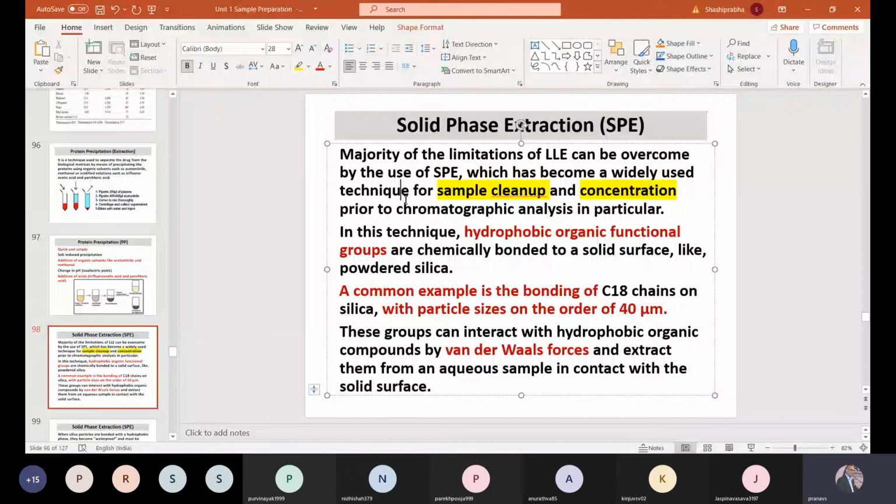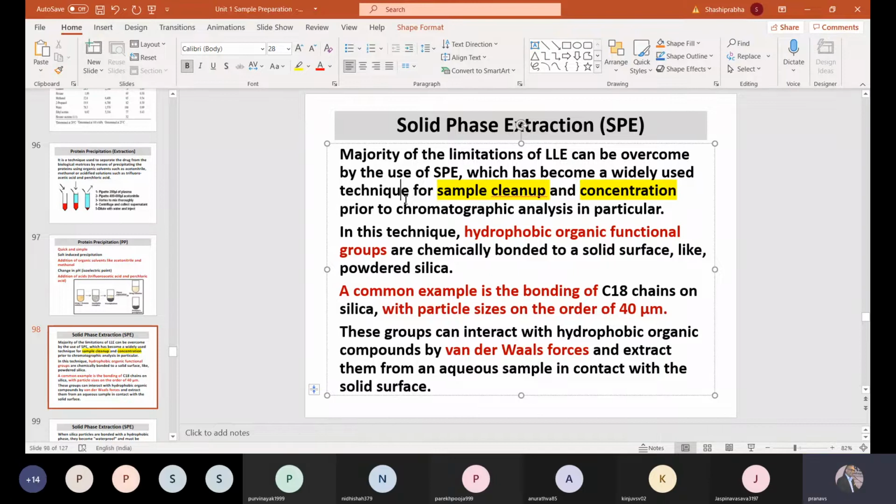That means once we separate or extract our analyte using solid phase extraction, the extracts are much cleaner. They are very clean samples which are devoid of any unwanted, extraneous substances in our extracted sample.